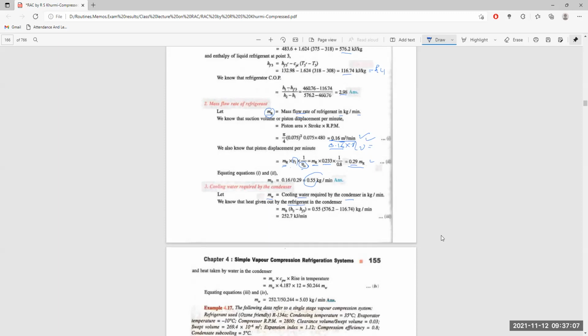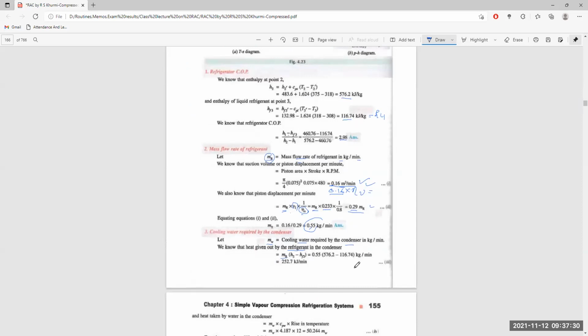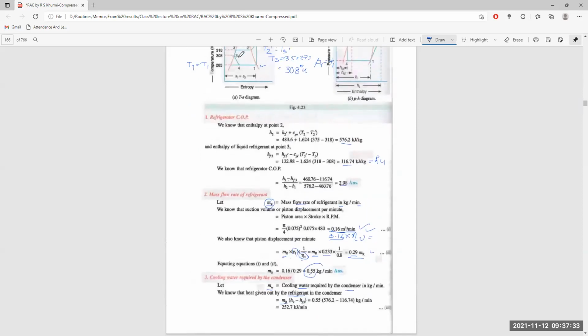We have already calculated the mass flow rate of the refrigerant, that is 0.55 here, multiplied by the enthalpy H2 at the inlet of the condenser, that is the heat coming in with the superheated vapor which is being cooled here, minus hf3. So we are putting the value of H2 which is 576 minus 116.74, which is at f3, the final enthalpy at the end of condensation.